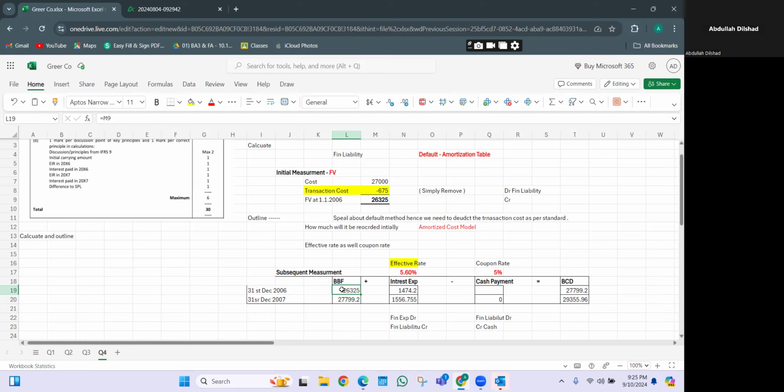The interest expense also will increase our loan amount. Why? We need to pay at the redemption date. At the redemption date, what would you all be paying?